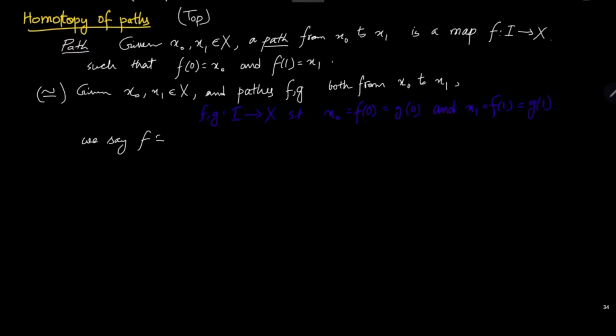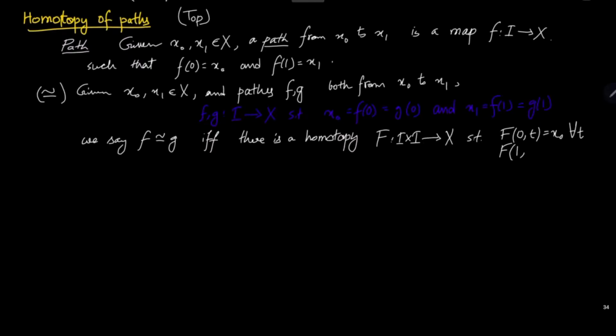We say f is path homotopic to g if and only if there's a homotopy F from I cross I to X, such that F of 0 comma t equals x0 for all t, and F of 1 comma t equals x1 for all t in I, of course, and F of 0 is just f and F of 1 is just g.